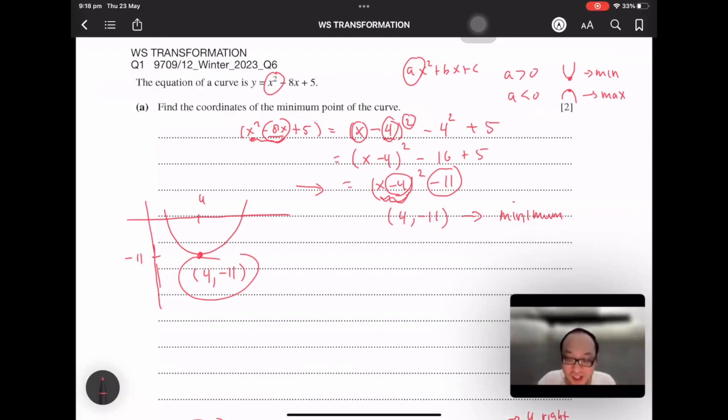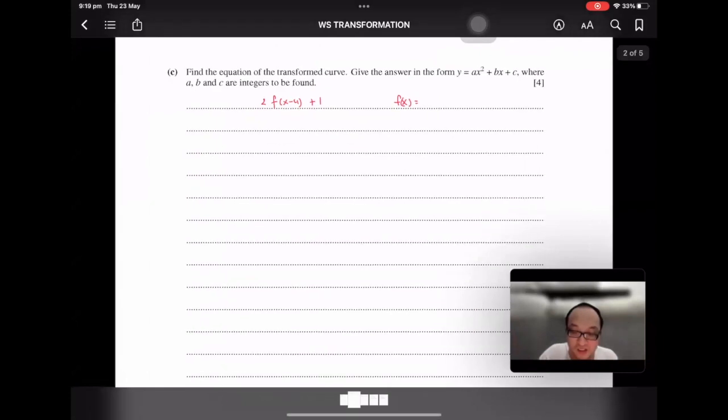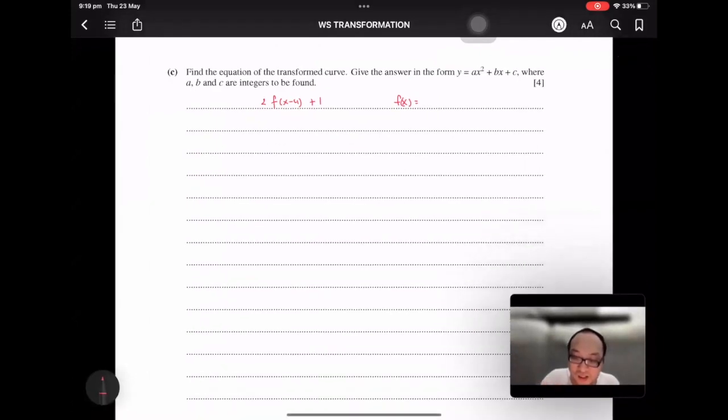So f(x) is x minus 4 squared minus 11. If I change into this 2 of f(x minus 4), it will become 2 of x minus 4. So we change x in here with x minus 4.